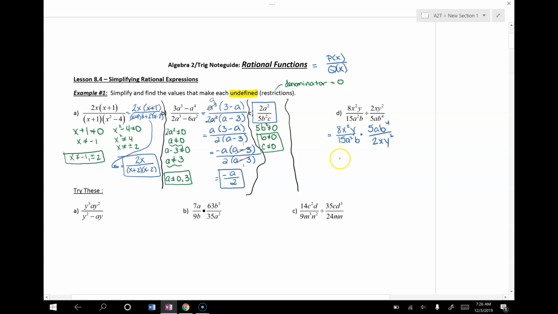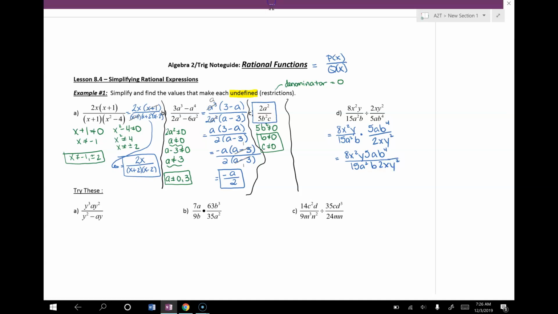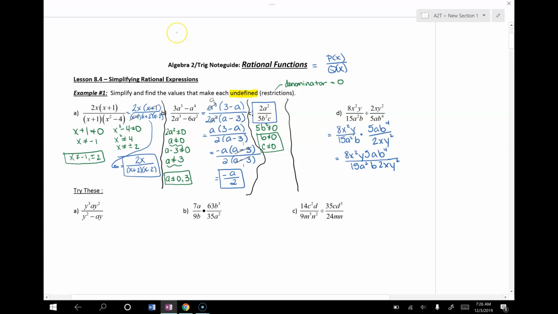So what this says is I'm going to multiply straight across. Everything that's in both of the numerators is going to be multiplied together, and everything that's in the denominators is going to be multiplied together. So yes, it does look like a big old mess when you write it like that. You can multiply the constants together if you would like.